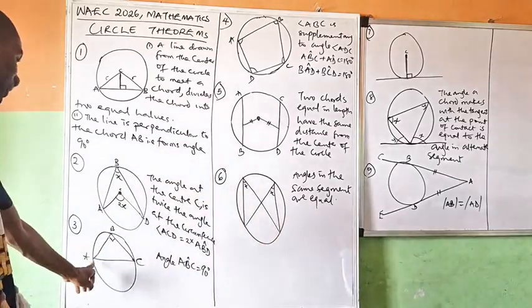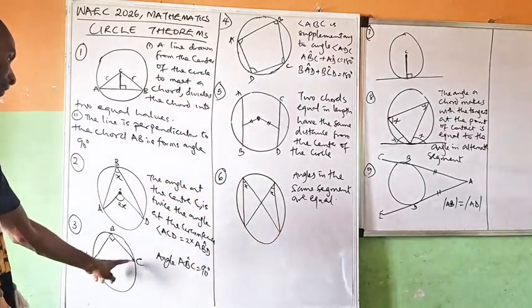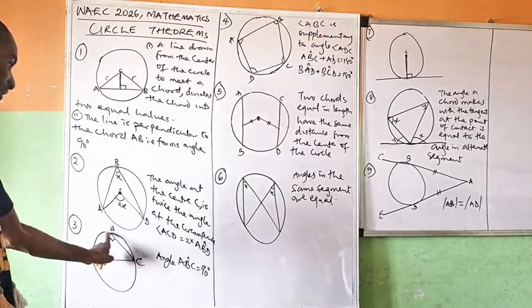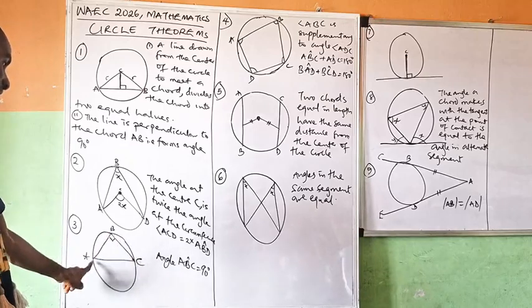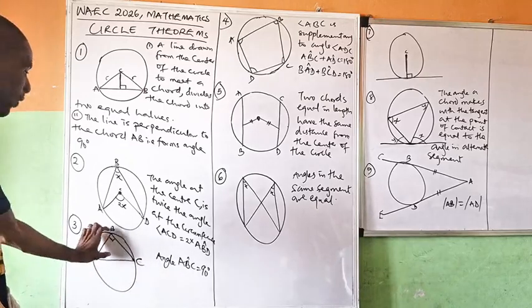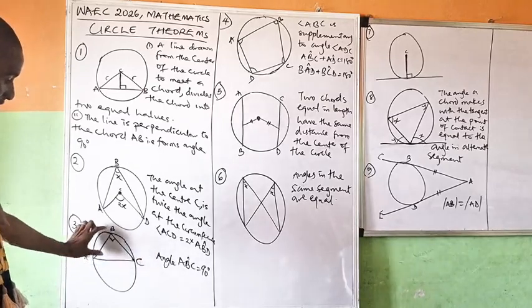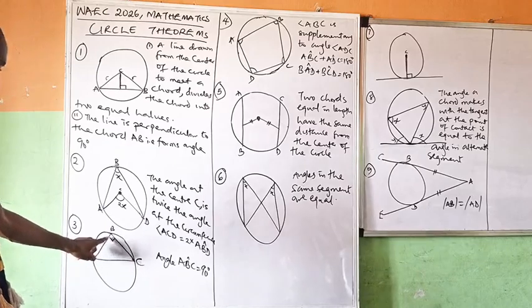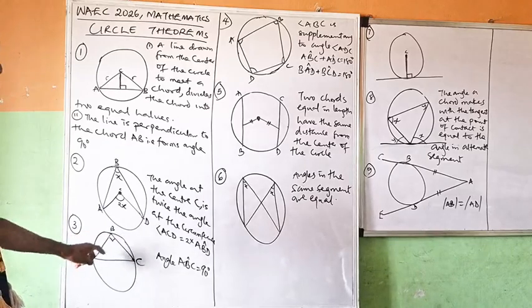For this, when 2 chords are connected to the diameter, one to one side of the diameter and the other to the other side of the diameter within the semicircle, they form an angle of 90 degrees at the point of connection.